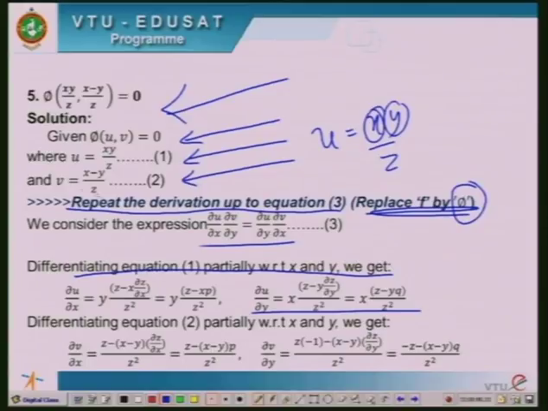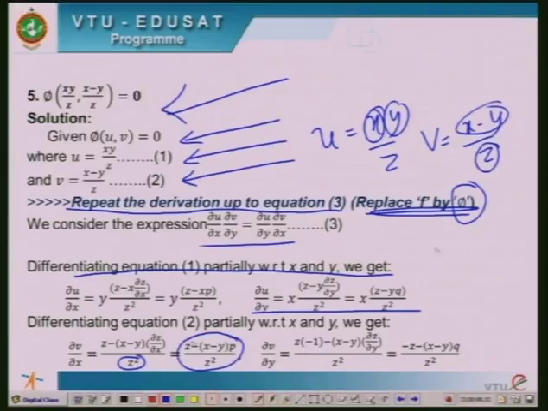Then, when we find dou v by dou x again, v is x minus y by z. So, you require quotient rule for both dou v by dou x as well as dou v by dou y. For dou v by dou x, first it is denominator square z square, then denominator z into differentiation of x minus y is 1, minus numerator (x minus y) into differentiation of z, which will give you z minus (x minus y) into p by z square.